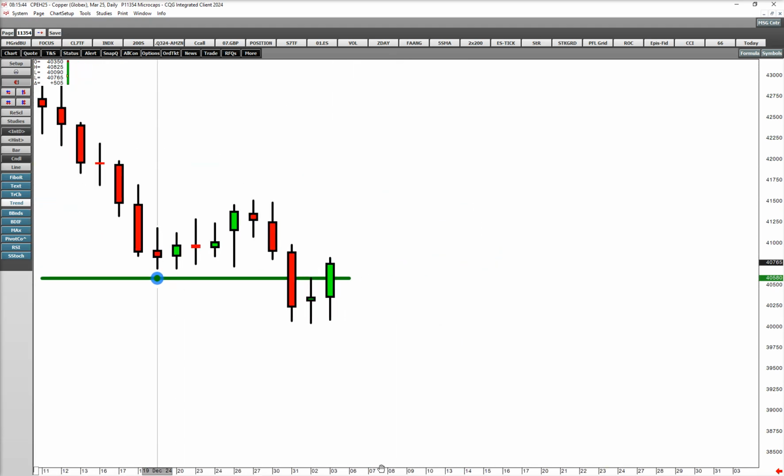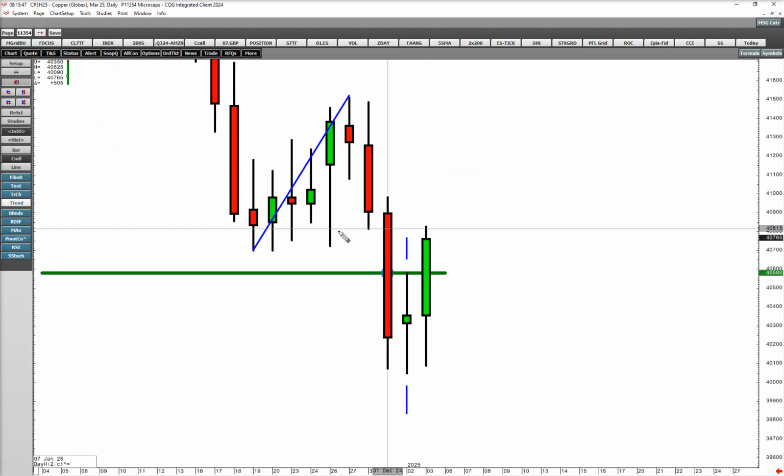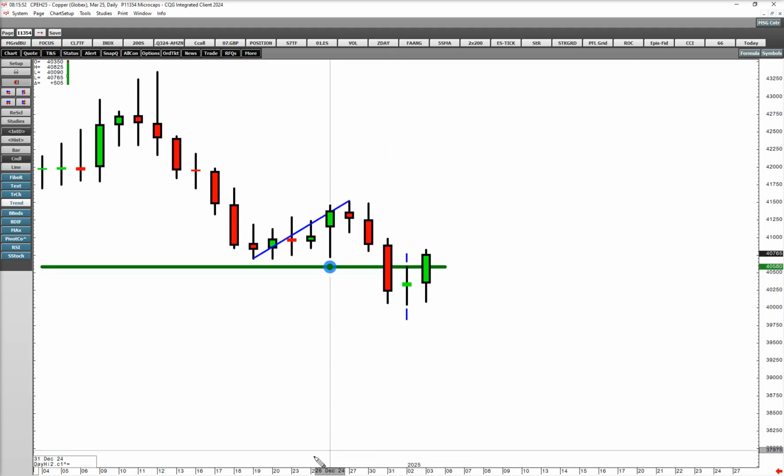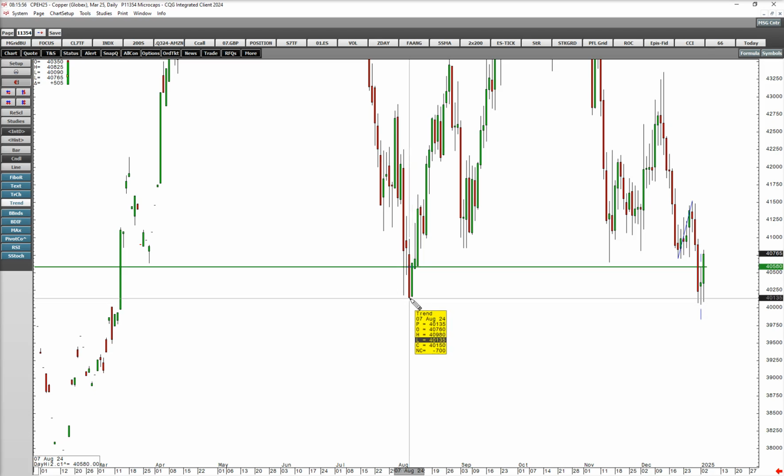Let me try to blow this up as big as possible. I know some of you are watching this on your phone. This is the daily chart of copper, and there is some lateral support here. So that's one thing that helps us believe that this may bottom at these tails.